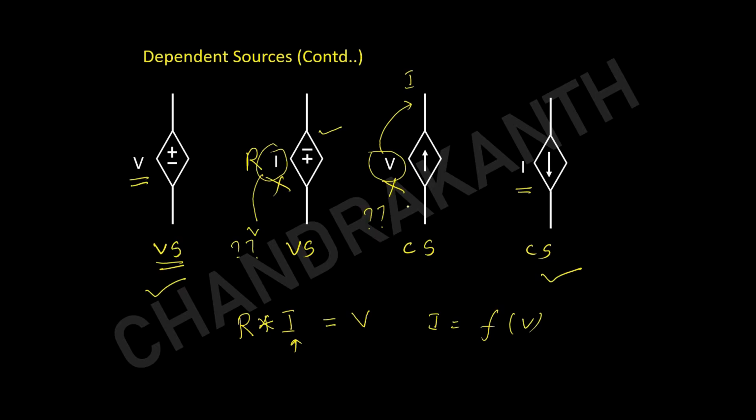So again we are taking the help of Ohm's law. We know V is equal to IR, but I want to represent my current in terms of the voltage. So let me send this value to this side.